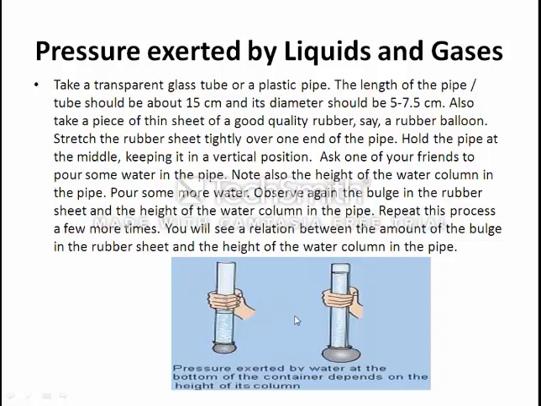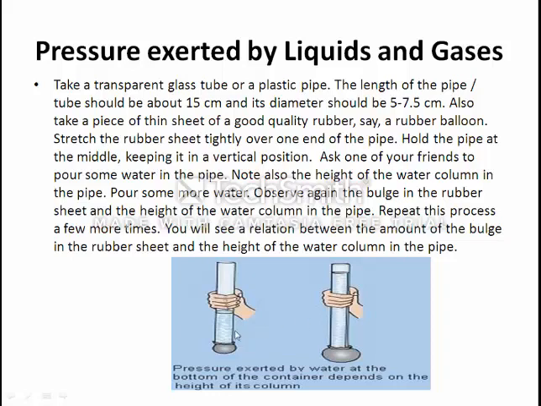Now we tell the friend to add some more water, as shown in the other diagram, and we again observe the bulge in the rubber sheet and the height of the water column. We will repeat this process a few times, and we will see the relation between the amount of bulge in the rubber sheet and the height of the water column in the pipe.